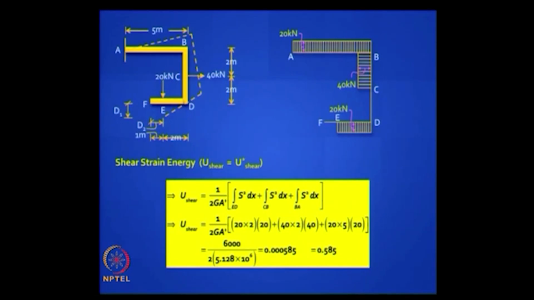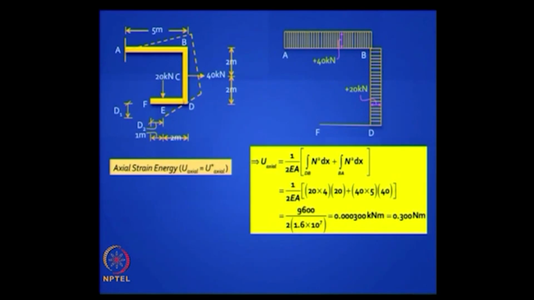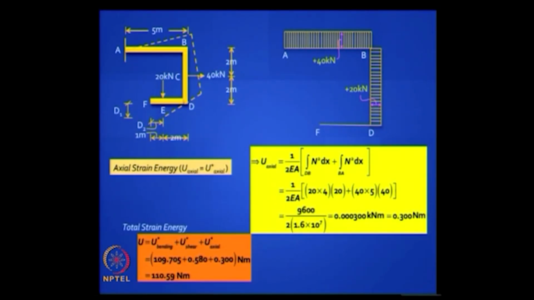You just have to multiply this diagram with itself, and then you also have the axial strain energy, and you have the three quantities. When you add them up you will find something very interesting. The bending strain energy here is 109.705 Newton meter, shear strain energy is only 0.58, and axial strain energy is only 0.30, and the total is 110.6.